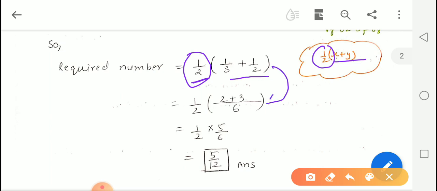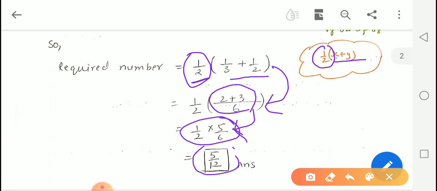Here we have solved this bracket and got 5 by 6, and if we multiply these two we get 5 by 12 as the answer. So this is one of the rational numbers lying between 1 by 3 and 1 by 2. Although there are infinite numbers, this is one of them.